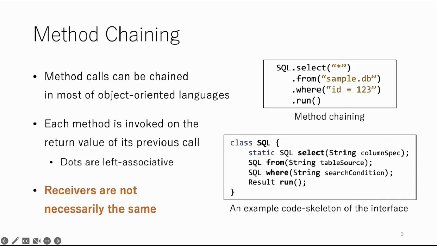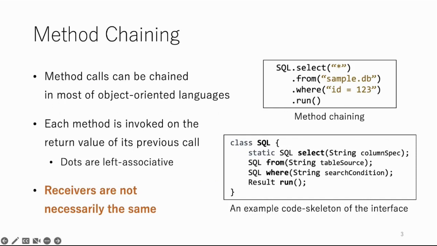So if the SQL class is defined as shown in the lower figure, all methods return the same class SQL, and the SQL class has every method appearing in the method chaining.